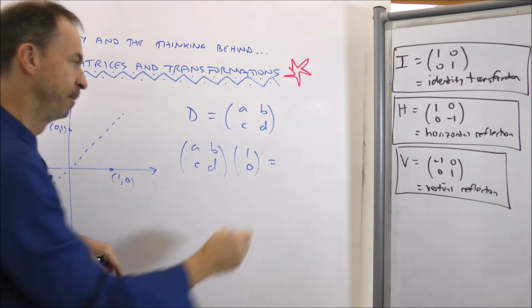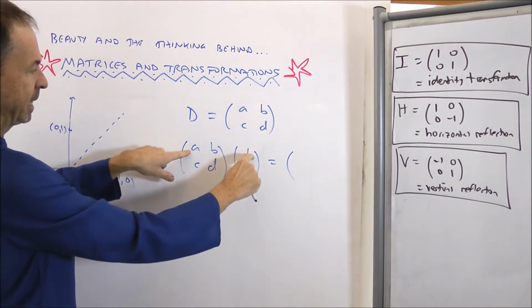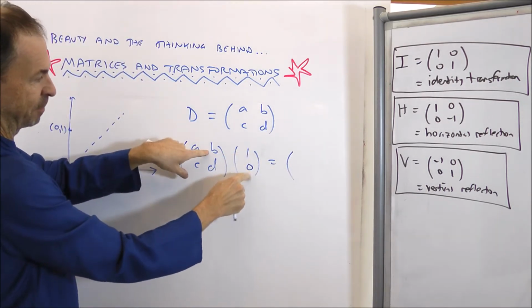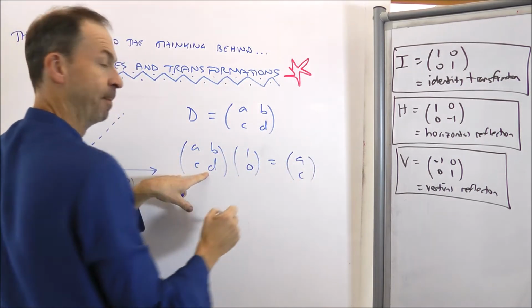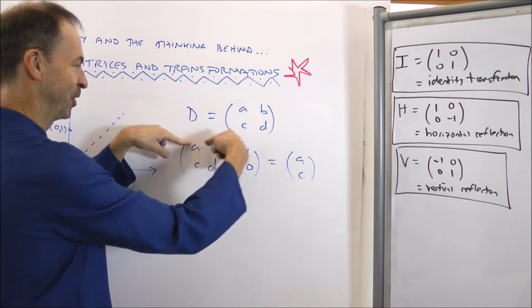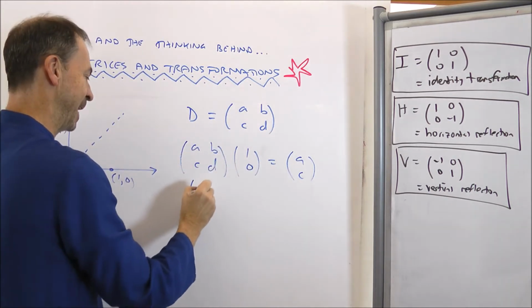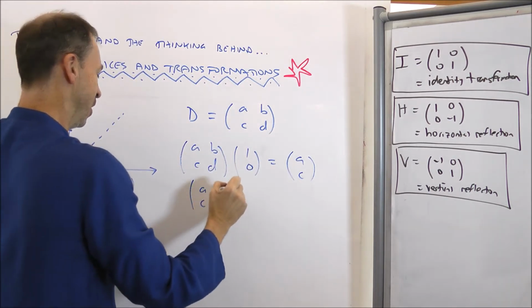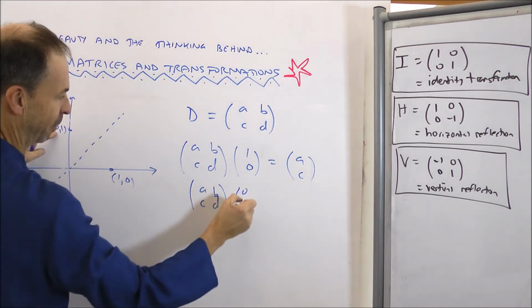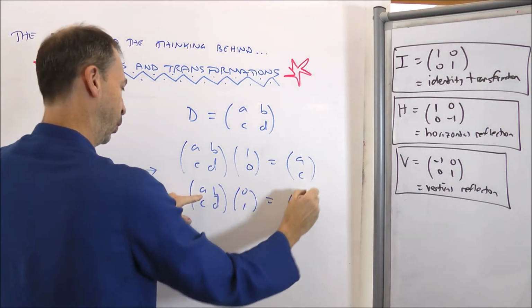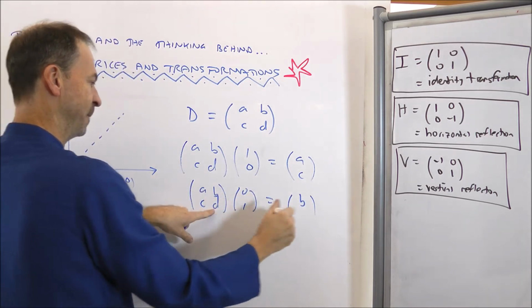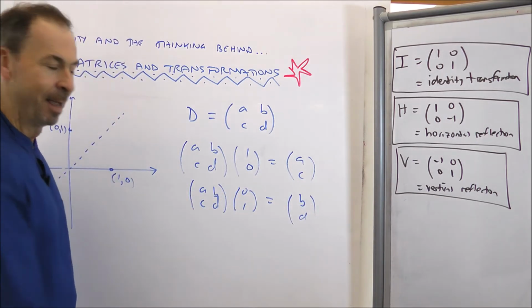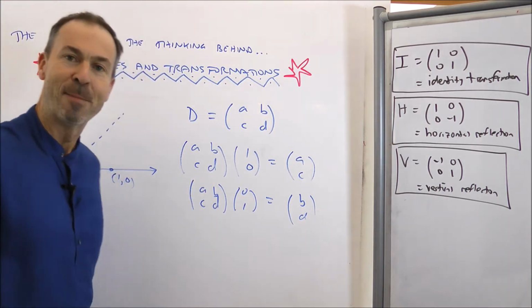If I work it out, I get A times 1 plus B times 0, so that's just A. C times 1 plus D times 0, C. That's just the first column. If I do it on the second fundamental point, 0, 1, I get 0 plus B times 1, B, and 0 plus D times 1, D.